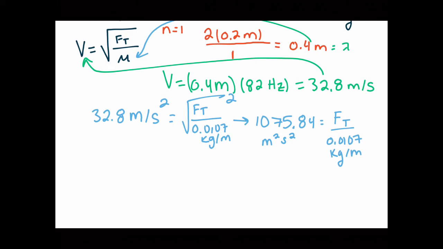So now I'm going to multiply both sides by 0.0107. And if I do that, let's see what I get.